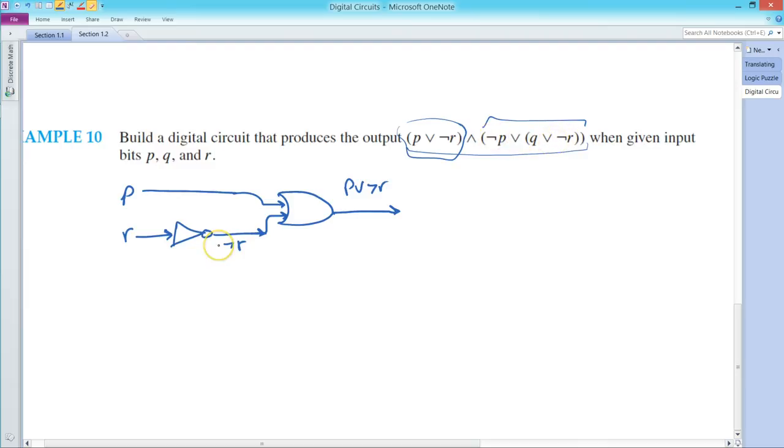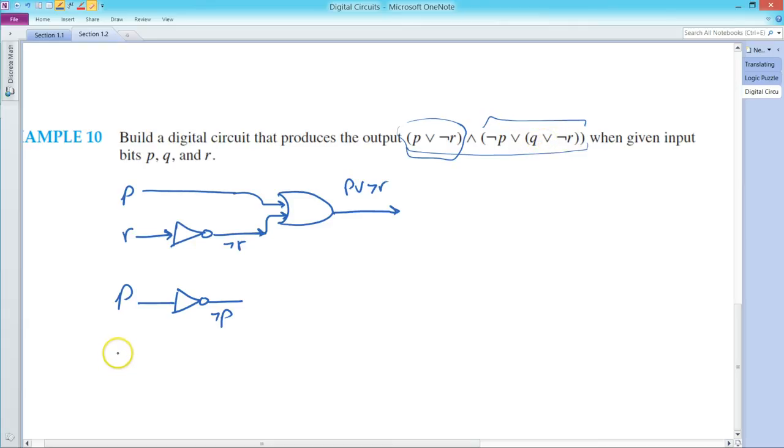Now, to make it simple, I'm going to split all these three into something like this. We start with P, and to calculate not P, I need to negate it. So we're going to use the inverter, and this is going to produce the not P. And we need to do the inner brackets first.